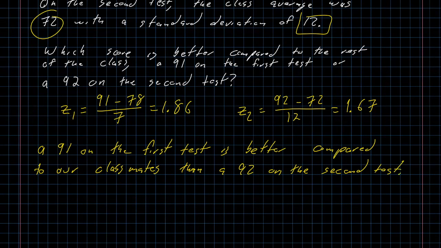I don't grade on a curve in any of my classes, mostly because I don't have enough students to make it worthwhile. But if I were grading on a curve, that 91 would curve higher than the 92. In this case, I think they would both curve to an A. Usually when I see a curve done, the threshold is anything bigger than z equals 1.6 is an A, although I've seen other scores used.